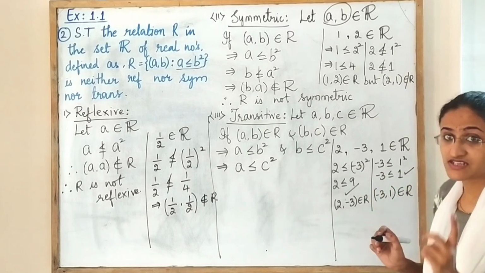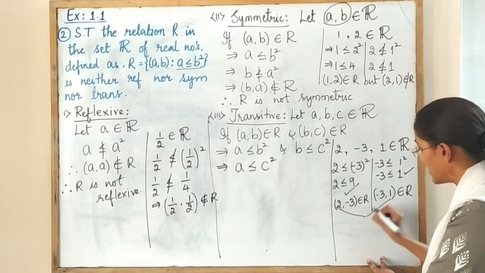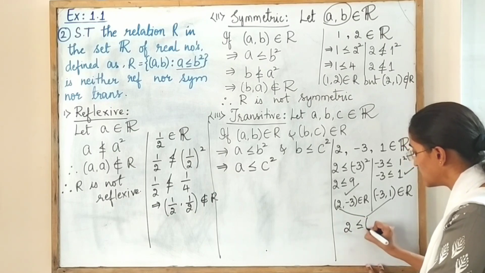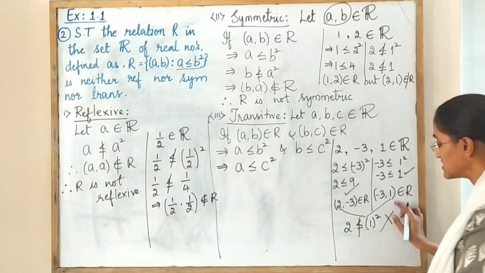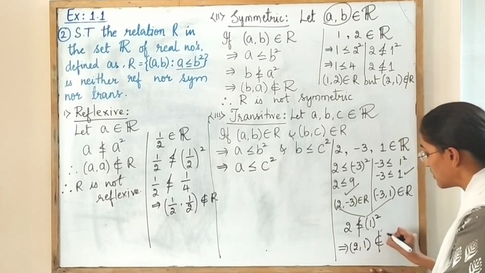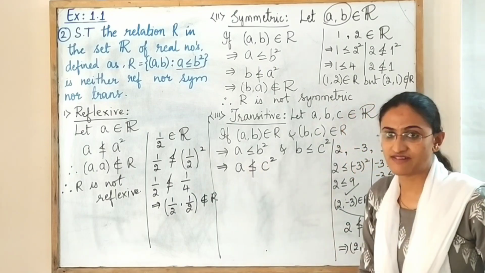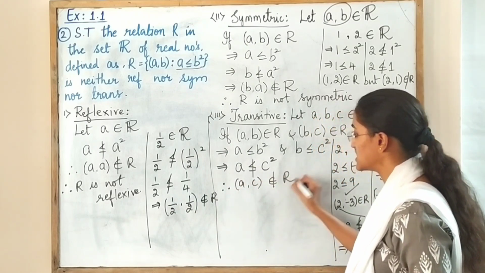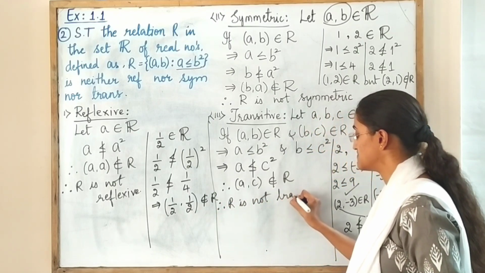Now, as per the transitive condition, if these two are in the relation R, then 2 and 1 should also belong to the relation R. If I am checking according to the condition, 2 less than or equal to 1 square is a wrong statement. 2 is not less than or equal to 1 square, and hence you can conclude that 2 comma 1 does not belong to the relation R, and hence A is not less than or equal to C square, and therefore A comma C is not in the relation R, and hence R is not transitive.